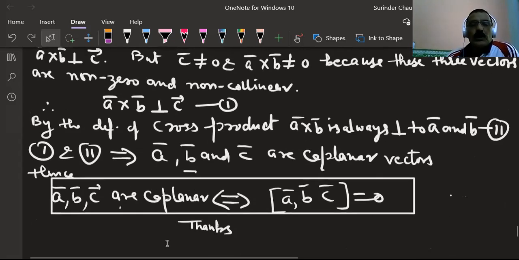Now the conclusion is: if three vectors are non-zero and non-collinear and coplanar, then their scalar product will be equal to 0. Thank you very much.